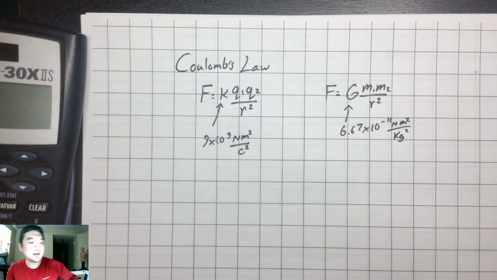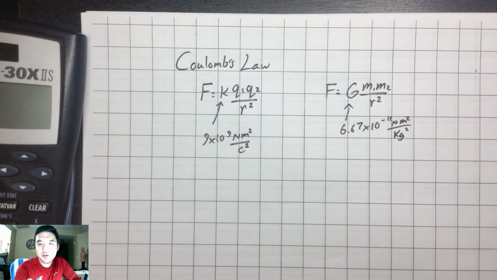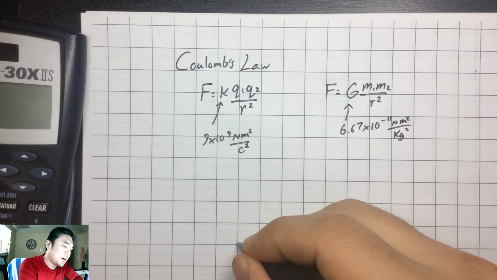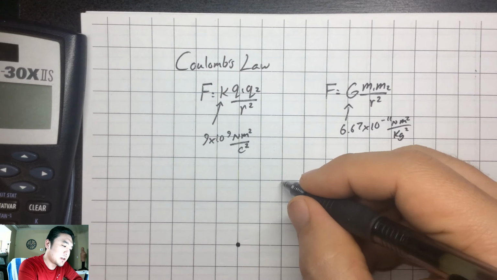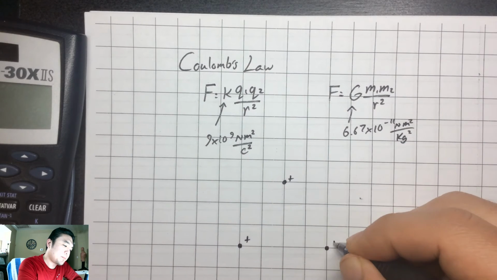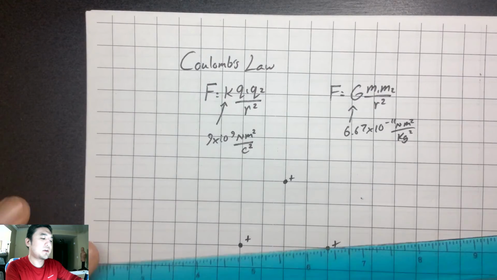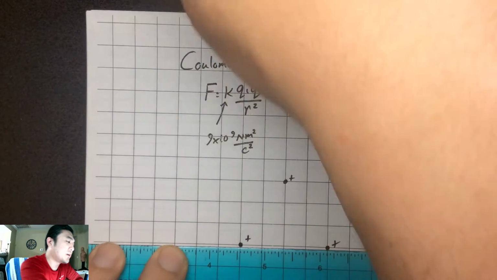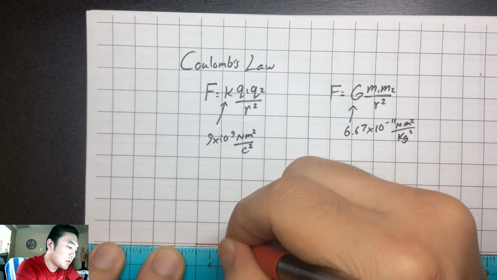So Coulomb's law says we have the two charges involved. We could have more than two charges, but we need to do Coulomb's law per charge pair. And here's kind of what I mean. So if I have a charge here, and I've got a charge, let's say, right up here, and let's say all these are positive charges, the two charges on the bottom would be repelling each other, one to the right over here and one to the left over here.